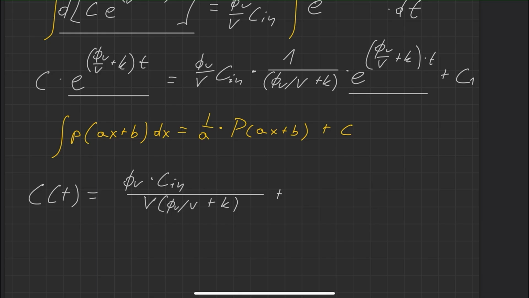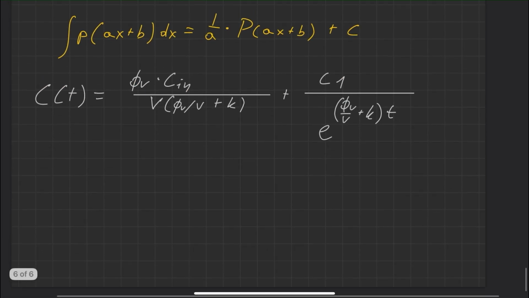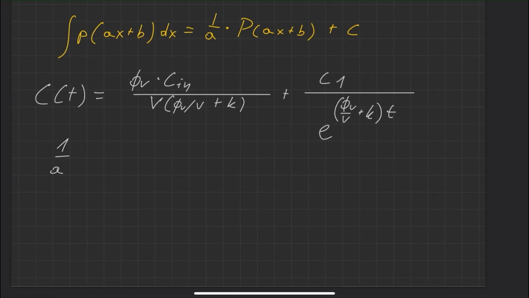So we have this plus C1 divided by this whole integrating factor, which we can simply duplicate and put in here. And once again, we apply the rule that 1 over a to the power of n is equal to a to the power of minus n. So we can say finally that our concentration as a function of time will be nothing else than this crazy expression.